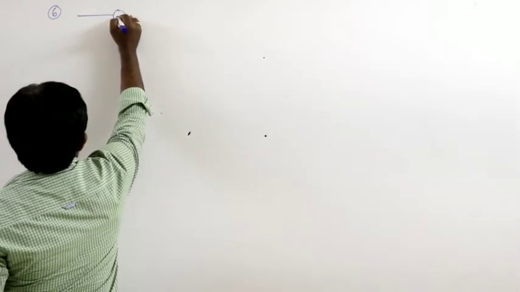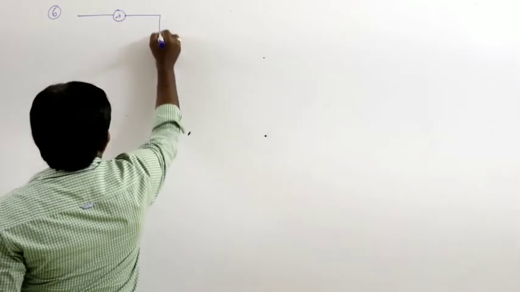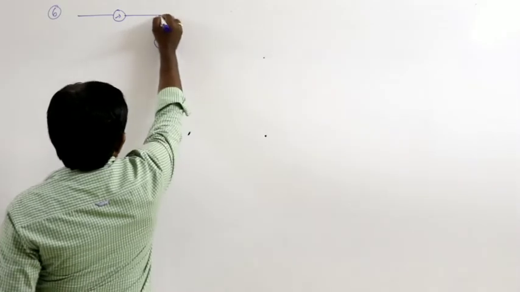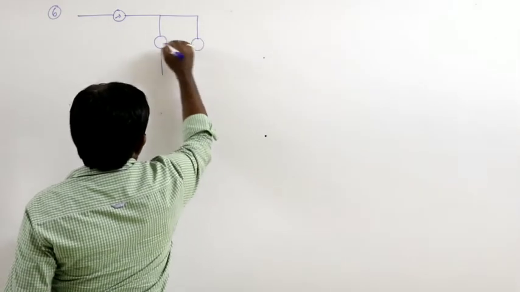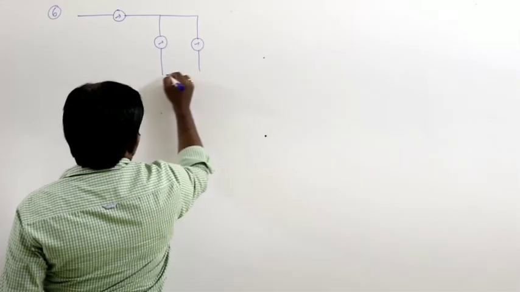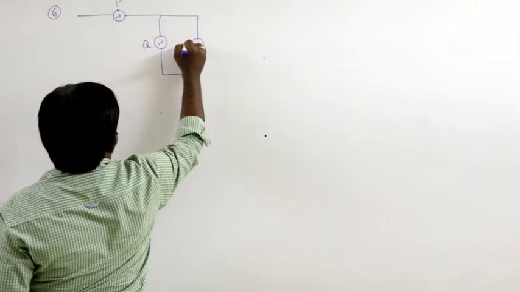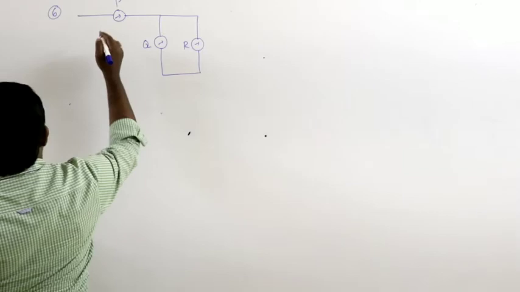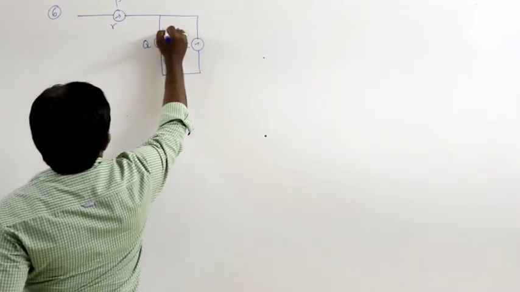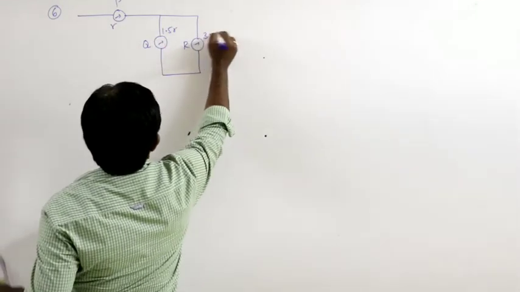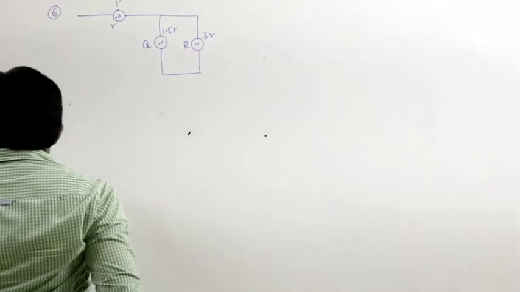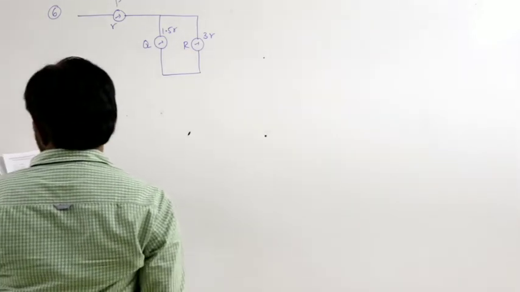Let us say this is ammeter P, this is Q and this is R. Q and R are connected in parallel. The internal resistances are R, 1.5 R and 3 R.